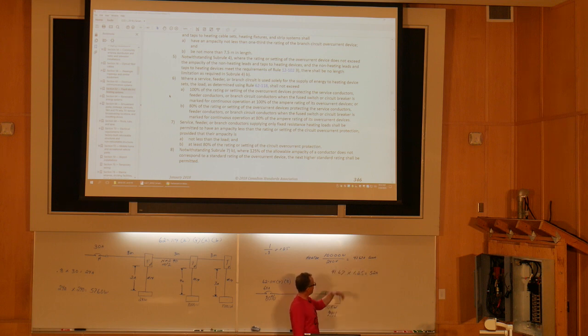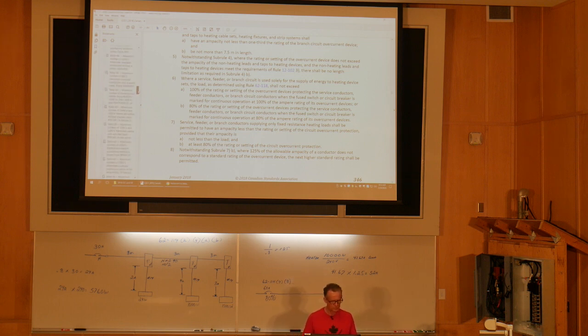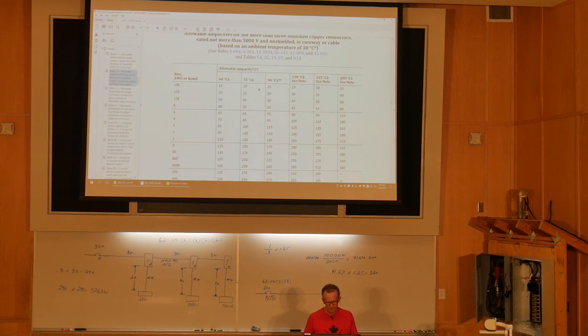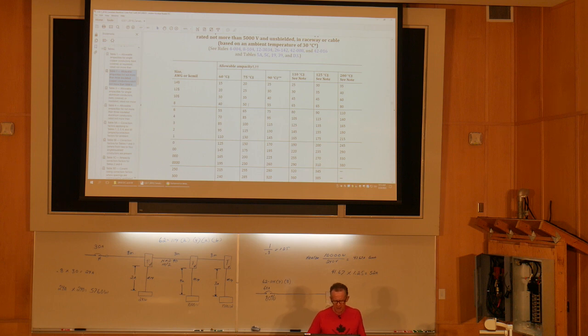Now, when we go select the conductor here, let's just see what happens anyways. We go to Table 2, 75-degree column. You're going to end up selecting number 8 anyways.